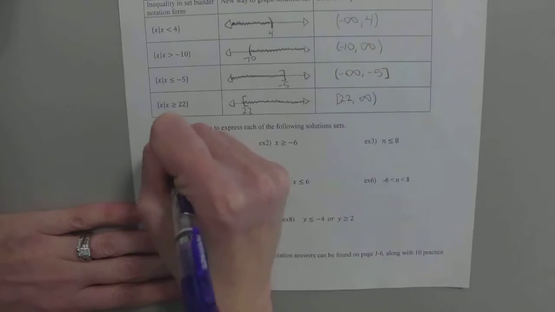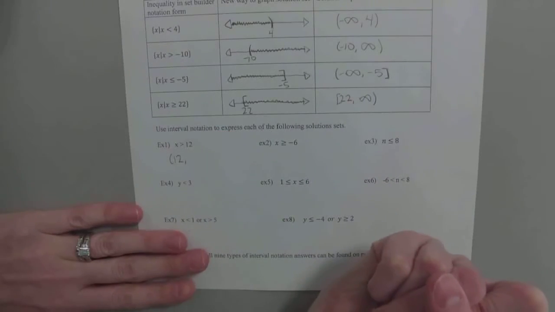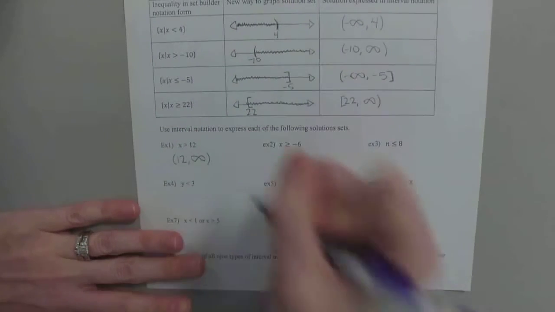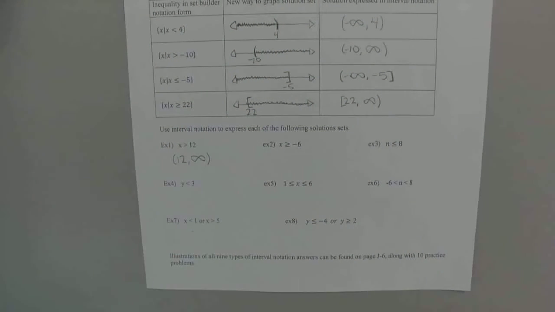Are we going to include 12, though? No. So we'll have parenthesis 12, and then we want all numbers greater than 12, so what direction are we going to go? To positive infinity. Is that okay? If you can't just jump to it, draw the number line, and then hopefully you can kind of see it. But if they don't ask you to do it, you don't have to draw the number line.